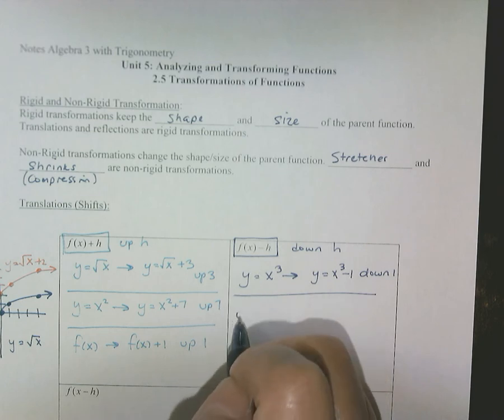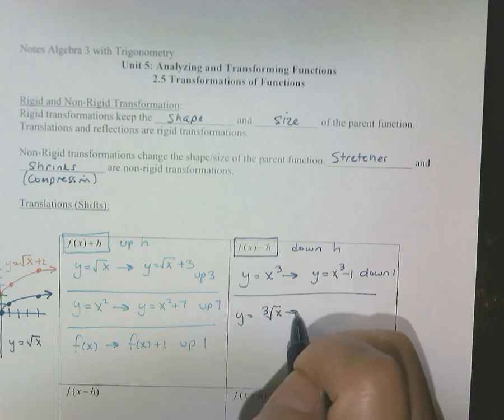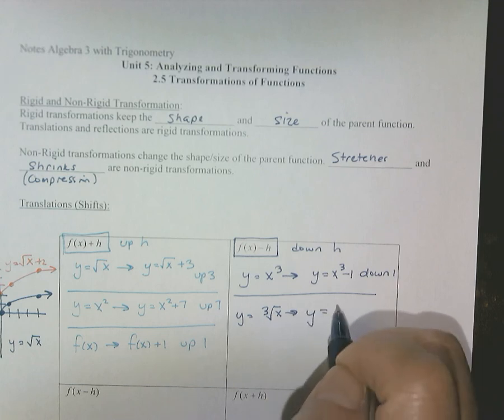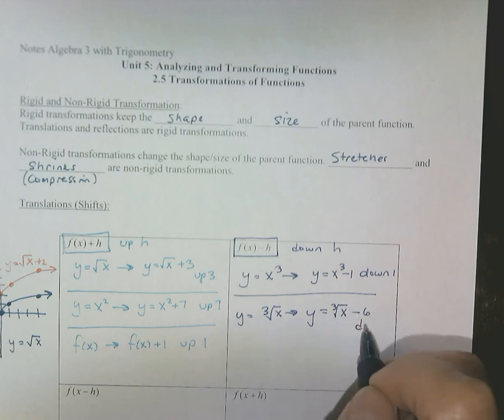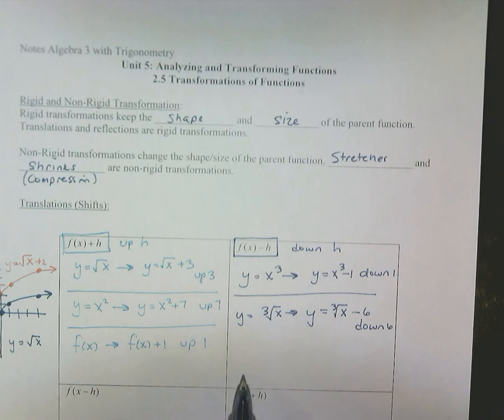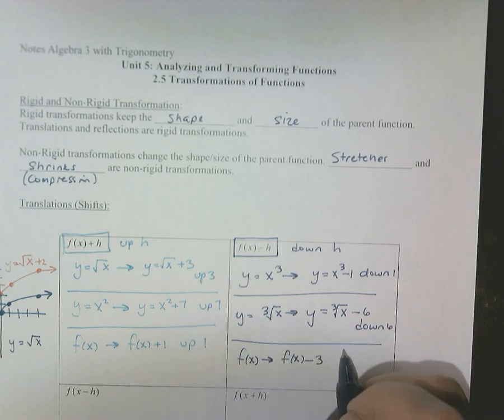If I have y equals the cube root of x, and I want to transform that into y equals the cube root of x, notice my cube root stops there at the x, and then minus 6, I'm going to go down 6. So f of x transformed to f of x minus 3 will go down 3.